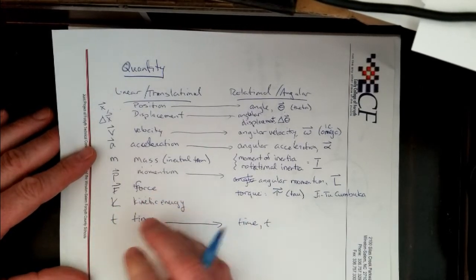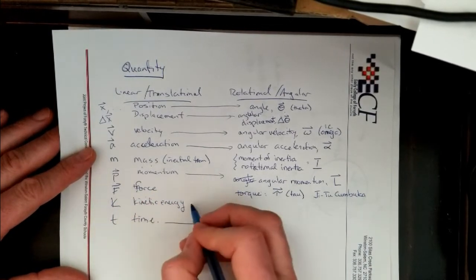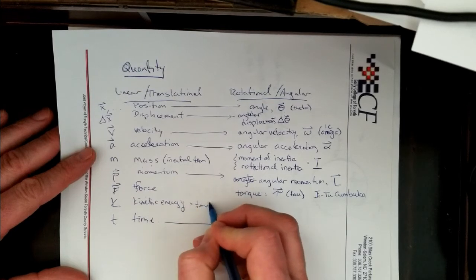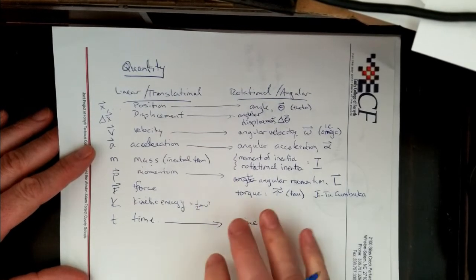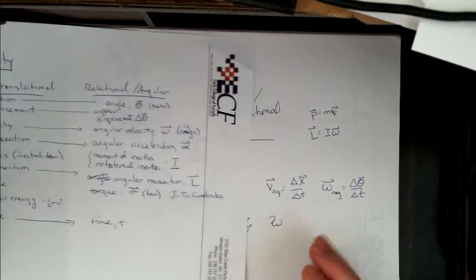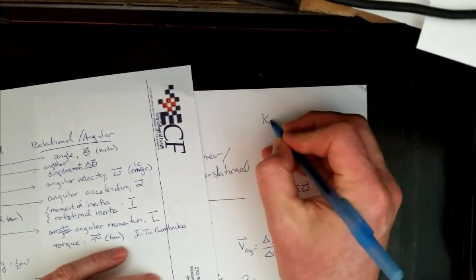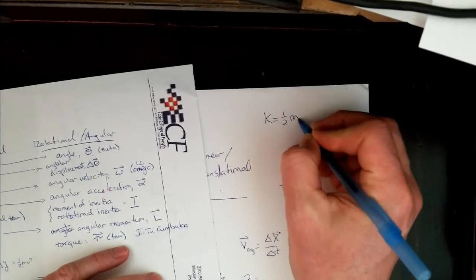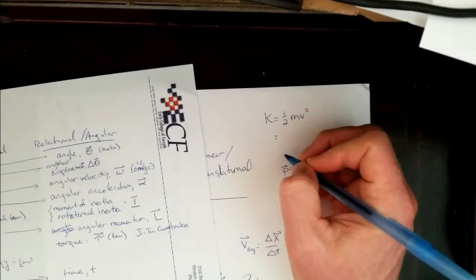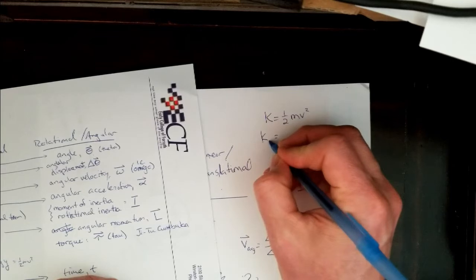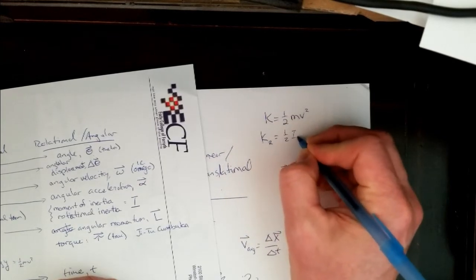Kinetic energy, we've dealt with so far as 1/2 mv squared. There is a rotational equivalent, and I'll put a little caveat in there in just a second. The formula for kinetic energy, as you should know, is 1/2 mv squared, and the rotational equivalent, so we'll put a little r down there, is 1/2 I omega squared.